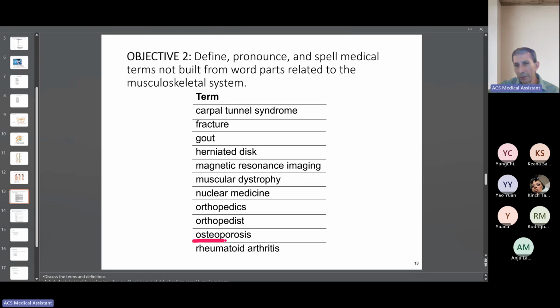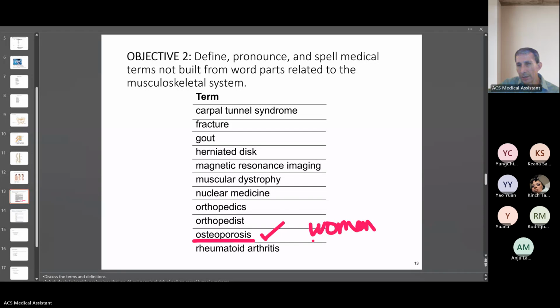So please remember this. When you see osteoporosis, which is lack of calcium and vitamin D in the bones, they're going to ask you who suffers most from osteoporosis. So your answer should be women.